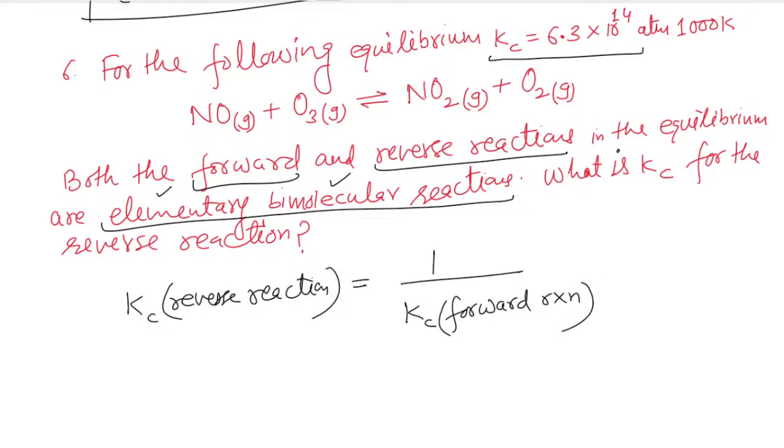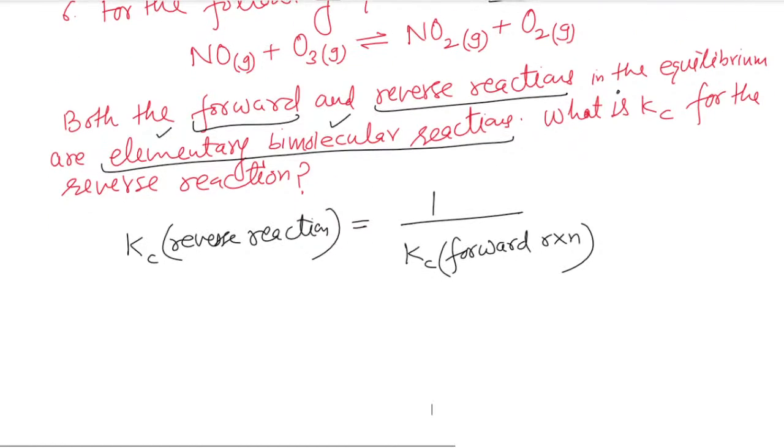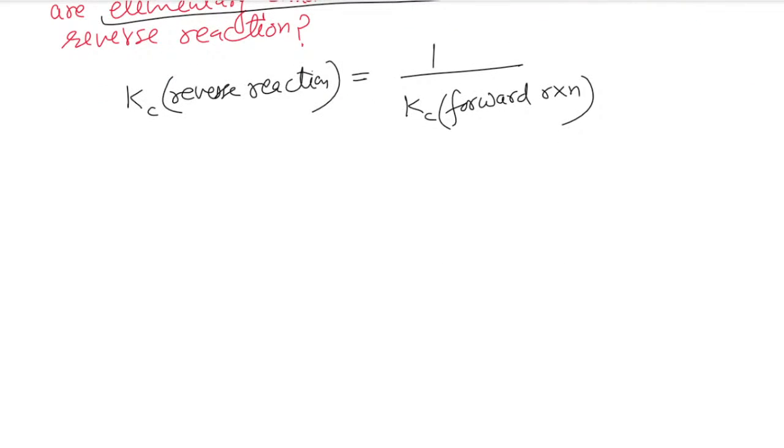is equal to 1 upon Kc for the forward reaction, and Kc for the forward reaction is given to us. It is 6.3 into 10 raised to power 14. That's it. Okay, so it becomes 1 upon 6.3 into 10 raised to power 14.